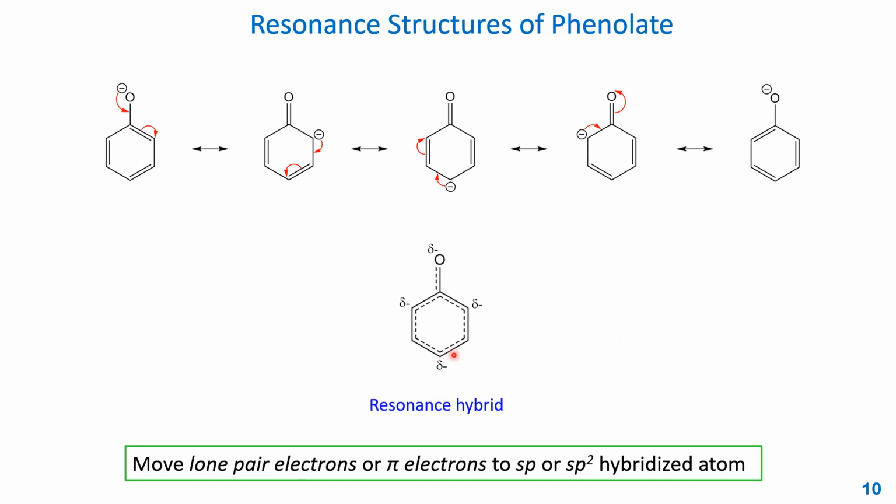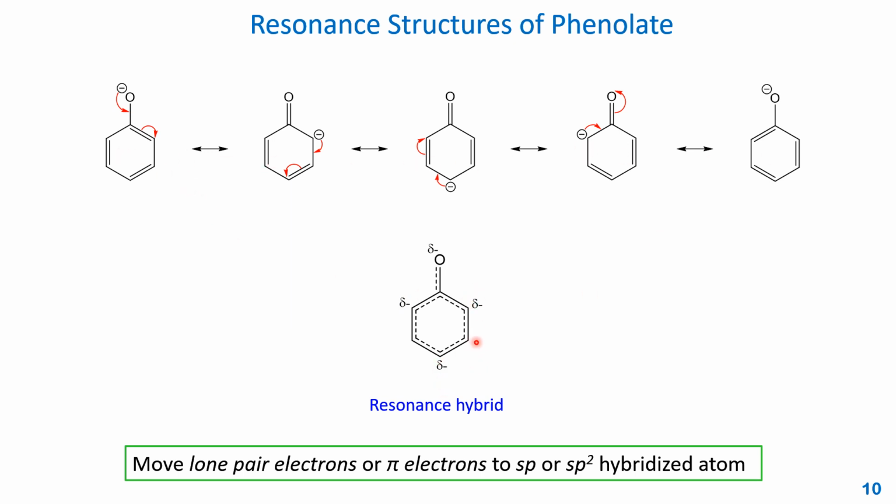Averaged, okay, this is the average. First, the benzene is averaged, so all the carbon-carbon bonds are between single bond and double bond. And this carbon-oxygen bond is also between single and double bond. But the negative charge will be delocalized to this oxygen, and this carbon, and that carbon, if you look at that resonance.